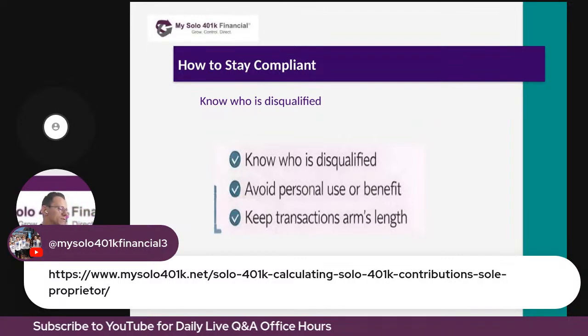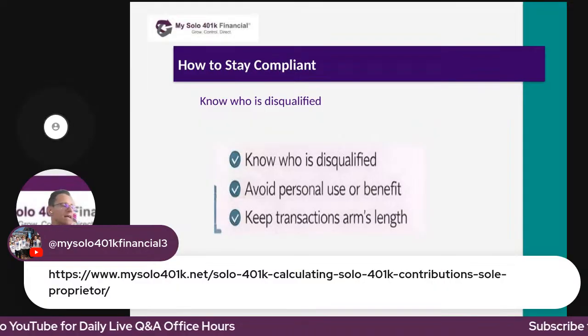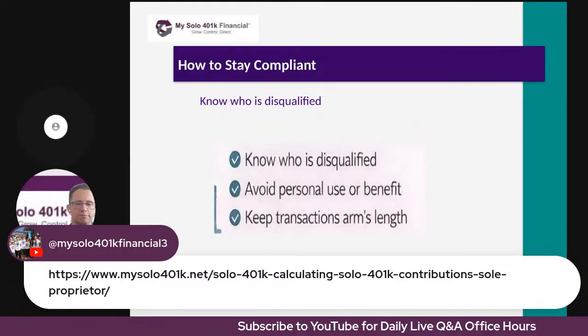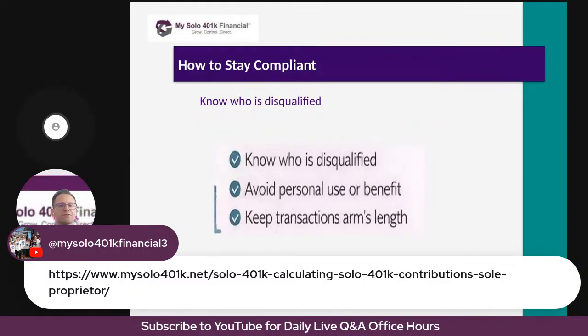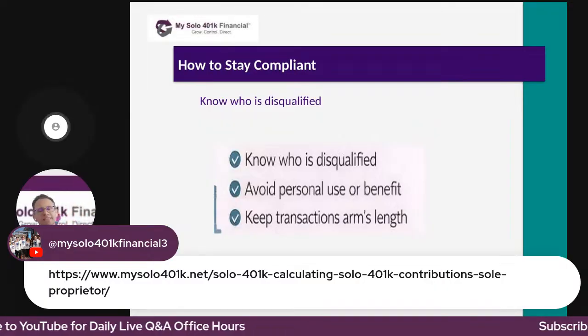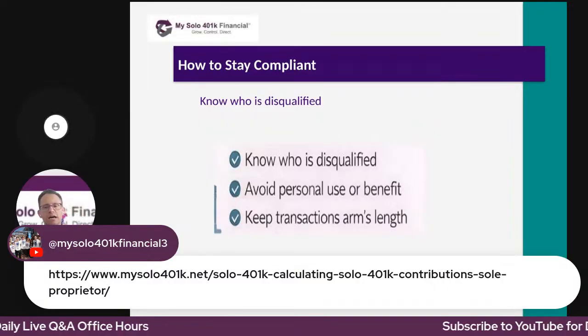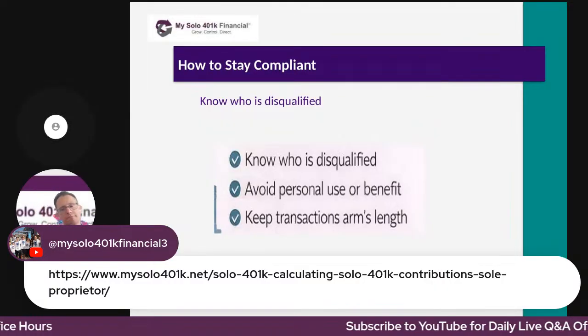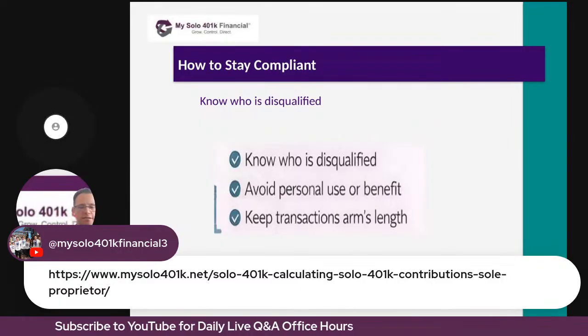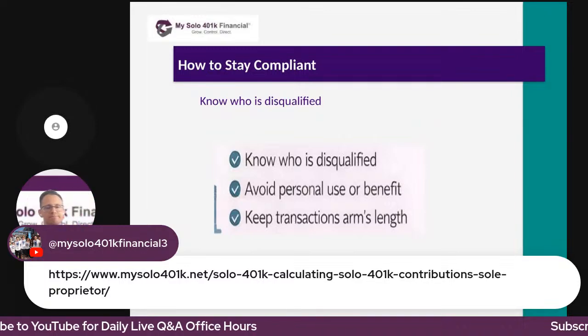You always want to keep transactions at arm's length. That's a terminology you always hear across the self-directed IRA industry. So you want to treat your self-directed IRA like a completely independent entity, dealing only with unrelated third parties. And of course, you always want to seek professional guidance before you make self-directed IRA investments.